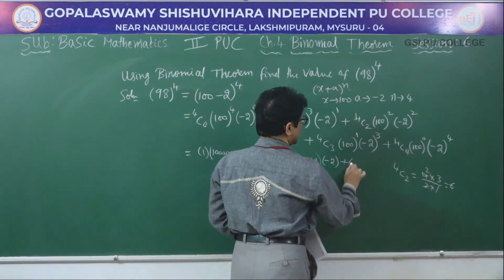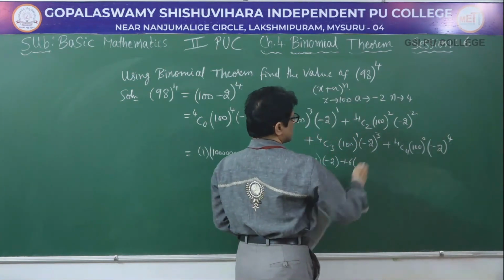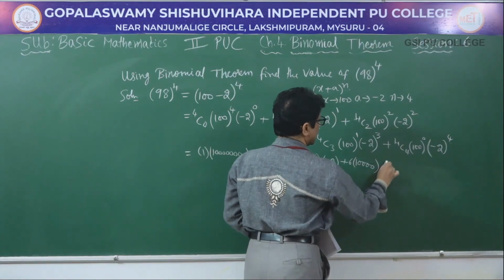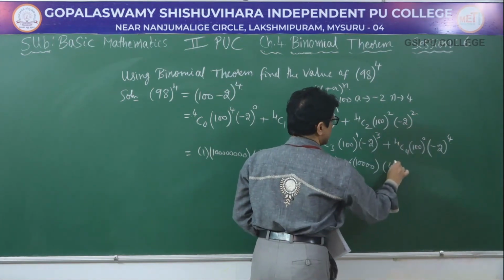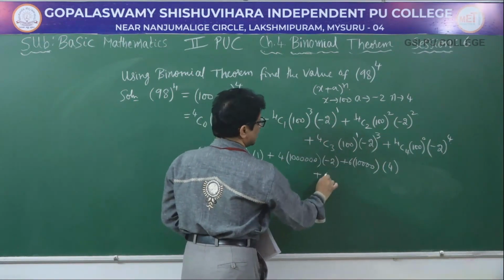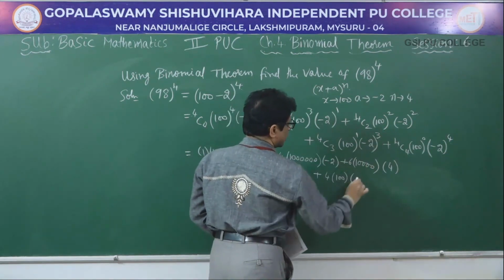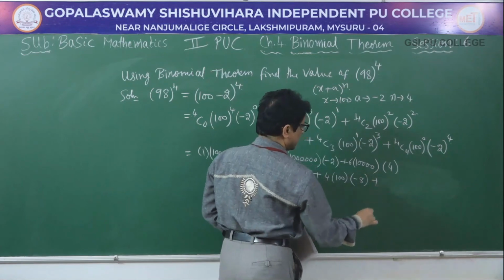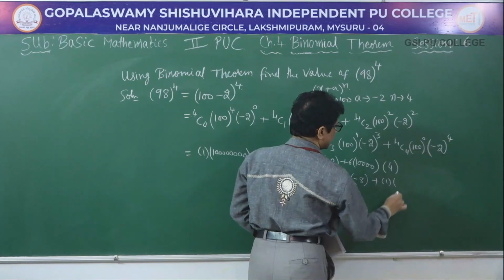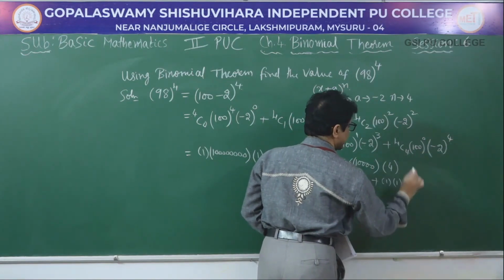So 4c2 is 6 into 100 whole square is 1 followed by 4 zeros, into minus 2 whole square is 4, plus 4c3 is 4c1, 4c1 is 4 into 100 into minus 2 whole cube is minus 8, plus 4c4 is 1 into 100 whole power 0 is 1, minus 2 whole power 4 is 16.